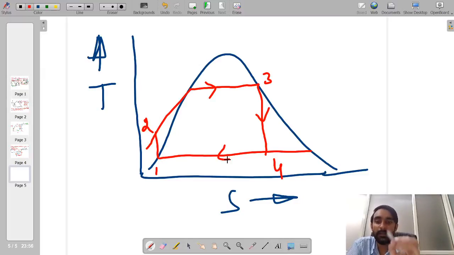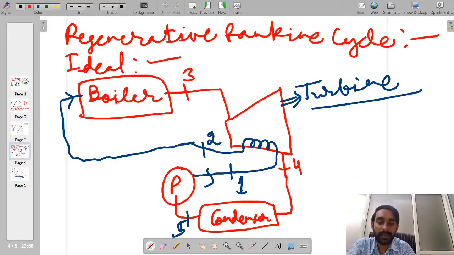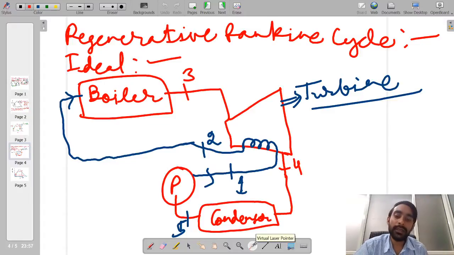Okay, now what we have done in this schematic which I have shown in the last slide, when the expansion is happening inside the turbine during the process 3 to 4, whatever the saturated liquid was coming out of the pump, that saturated liquid we have passed through the casing of the turbine.